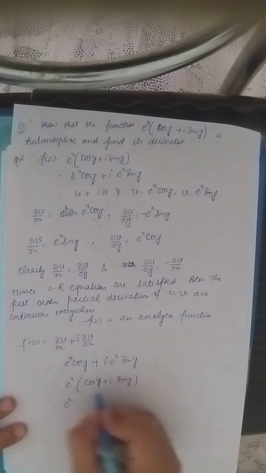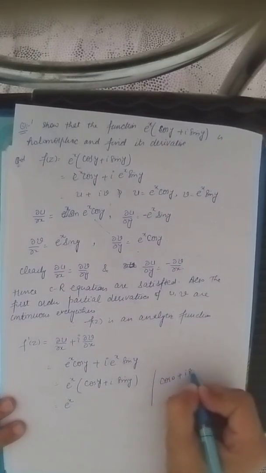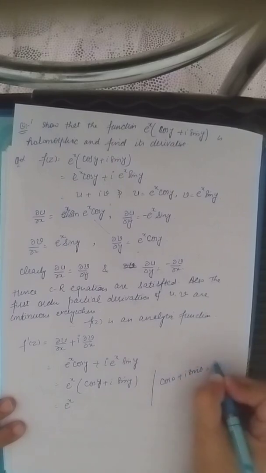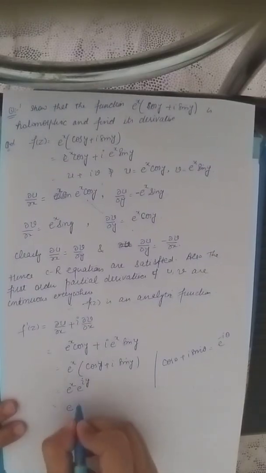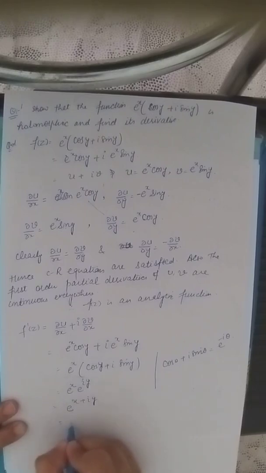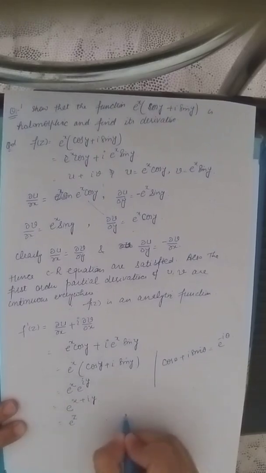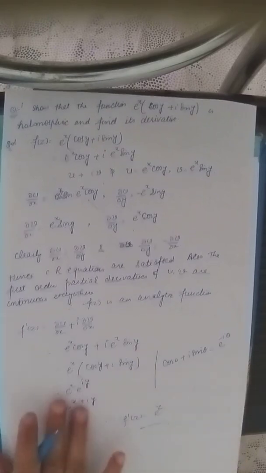The formula is cos θ + i sin θ equals e^(iθ). Therefore here I get e^(iy). Now base same, therefore powers will get added. Now x + iy is z, and therefore f'(z) is e^z. This is the required result.